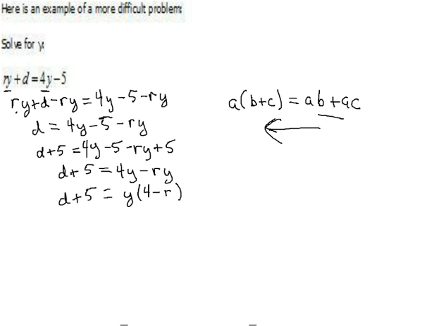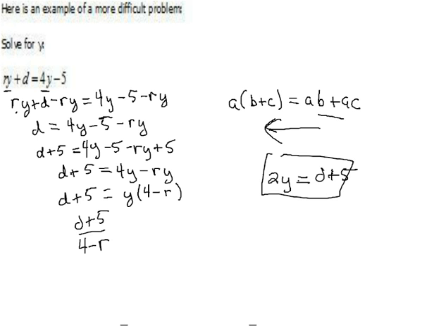And what has that gotten us? The idea here is that we have something times y, and just like if we had 2 times y equals d plus 5, we would divide both sides by 2. In this case we're going to divide both sides by that whole quantity, 4 minus r.